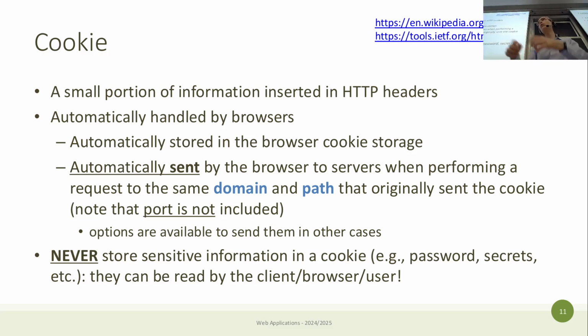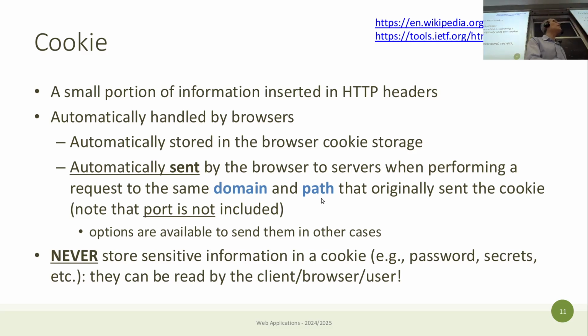It sets a cookie in the browser, and then on the next requests, like clicking details of the exam or filtering the list, everything is requested to the server, and the browser automatically sends the cookie to that server, but only to that server, because it has the same domain and path as the one that originally set the cookie.